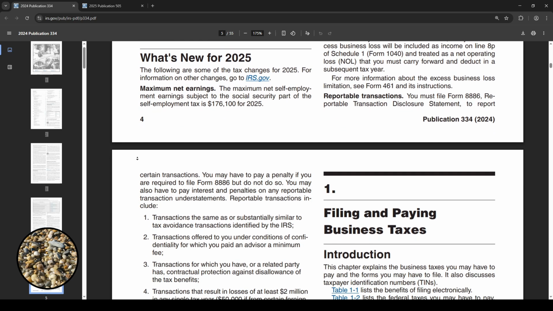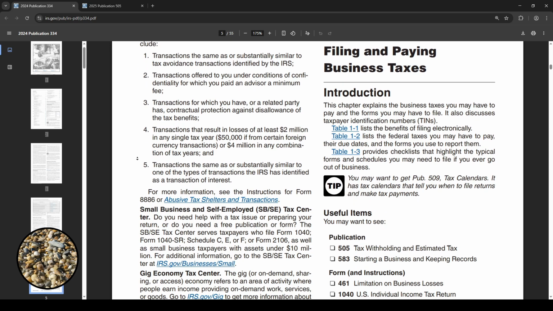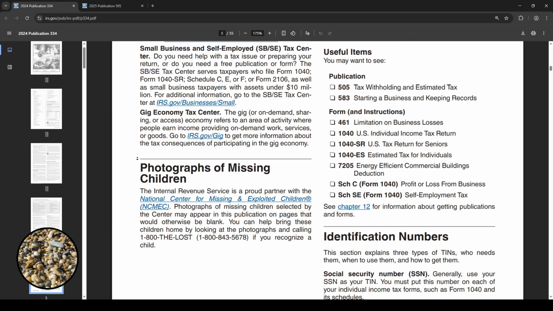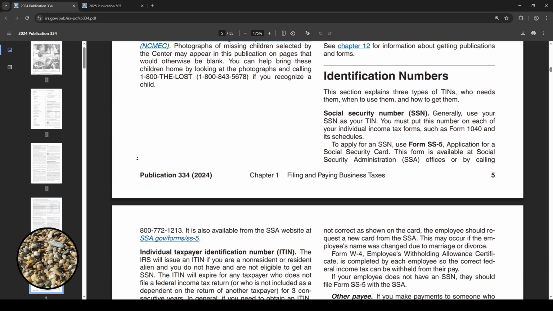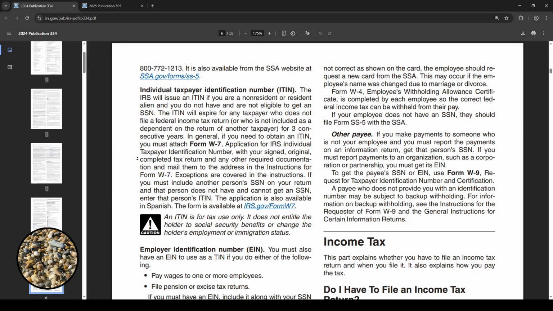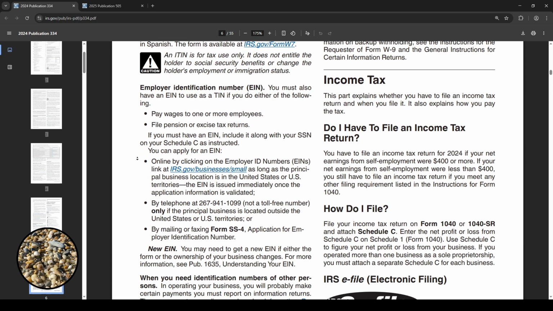Understanding the basics. The first thing you need to understand is that as an LLC owner, you are typically considered a pass-through entity. This means the business itself does not pay federal income taxes. Instead, the profits and losses pass through to you as the owner, and you report them on your personal tax return.